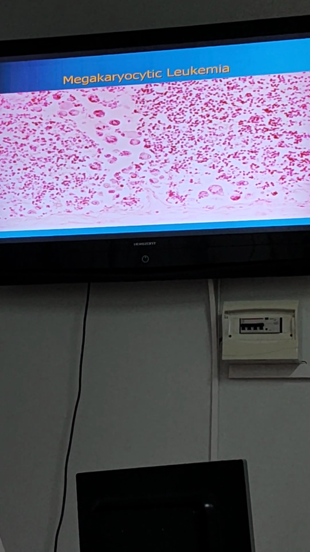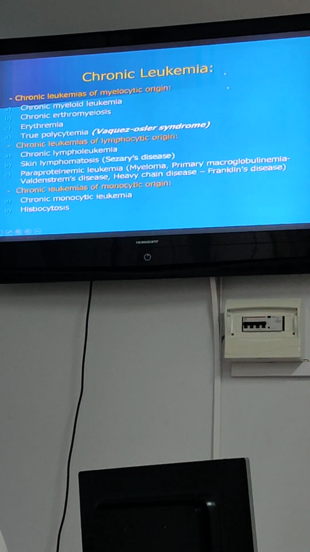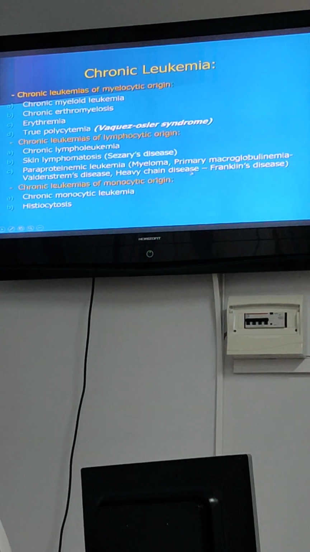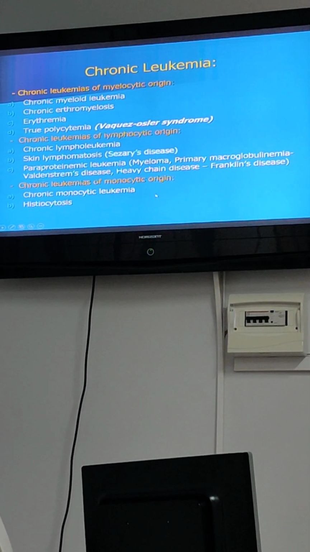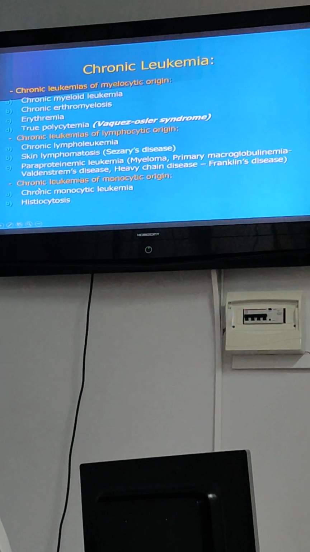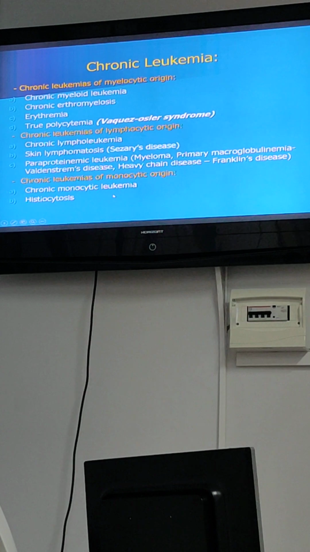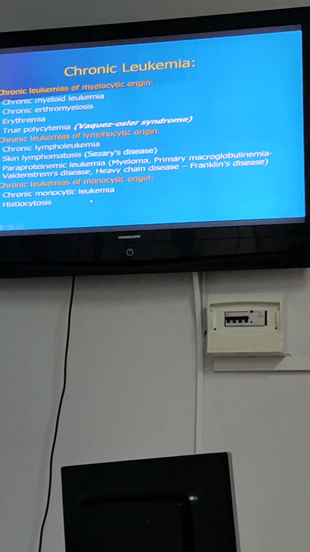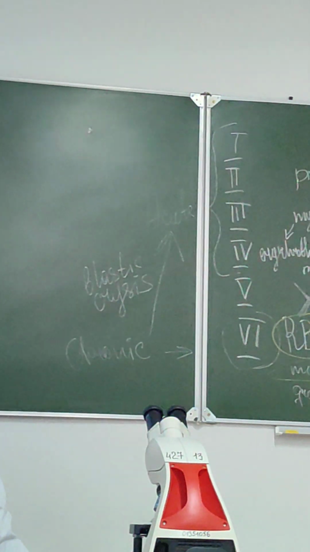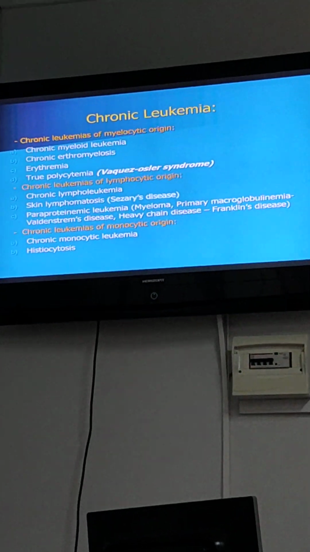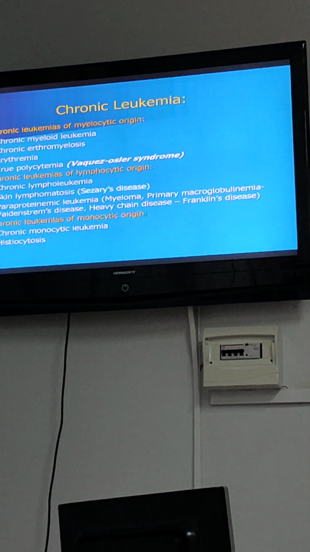The same changes are in the other variants: chronic leukemias of myelocytic, lymphocytic, and monocytic origin. About monocytic origin, the classification and morphological changes we discussed. The same, but it develops slowly, over years, sometimes 5 and more years for chronic monocytic leukemia.